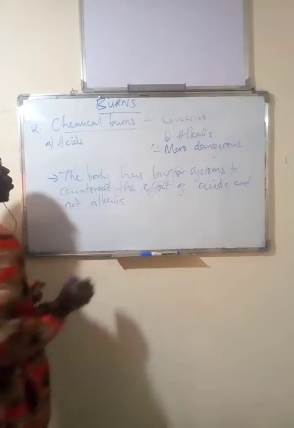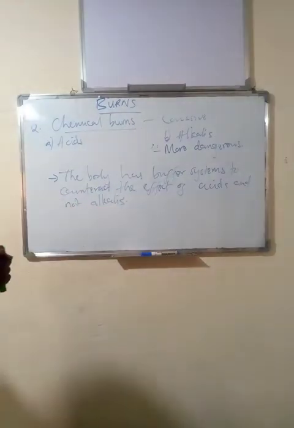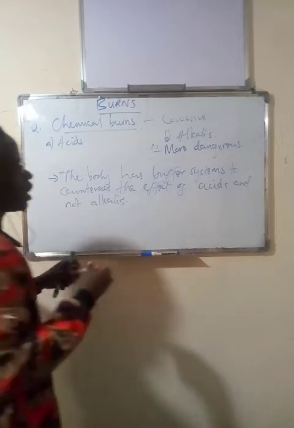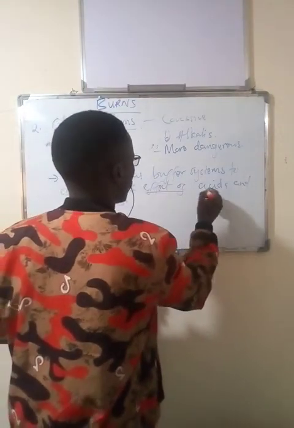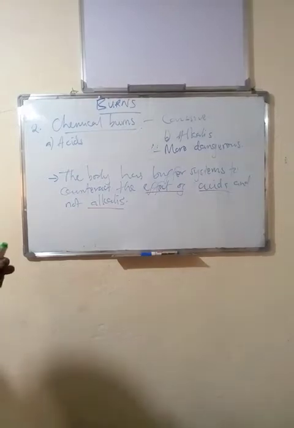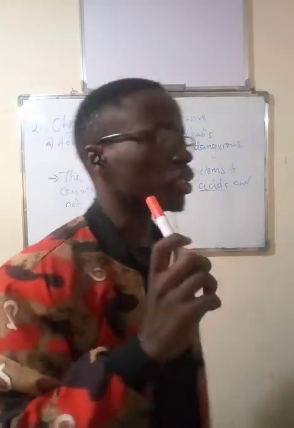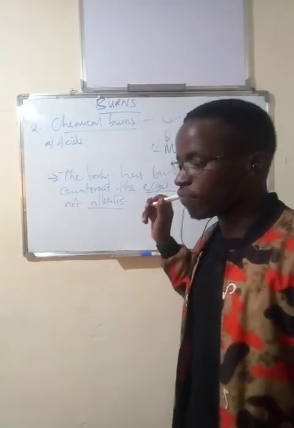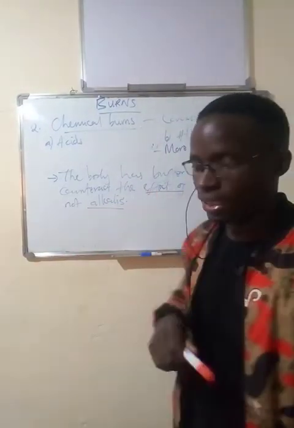What we find is that because the body has these buffer systems that counteract the effect of acids and not alkalis, if it is the alkali that is involved, it is going to have much more effect compared to the acids.